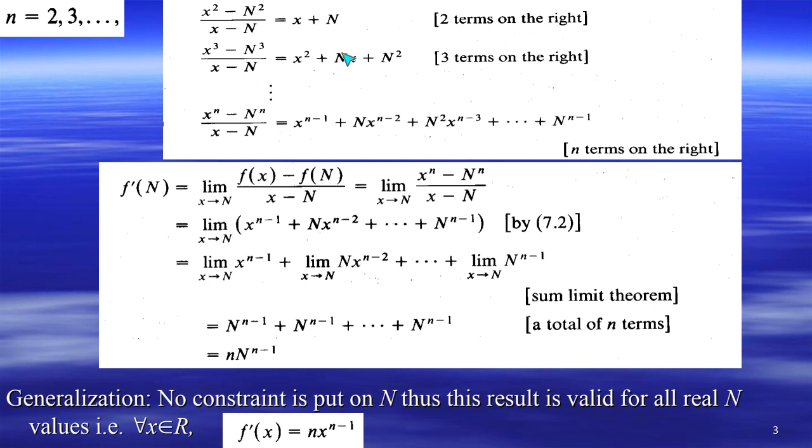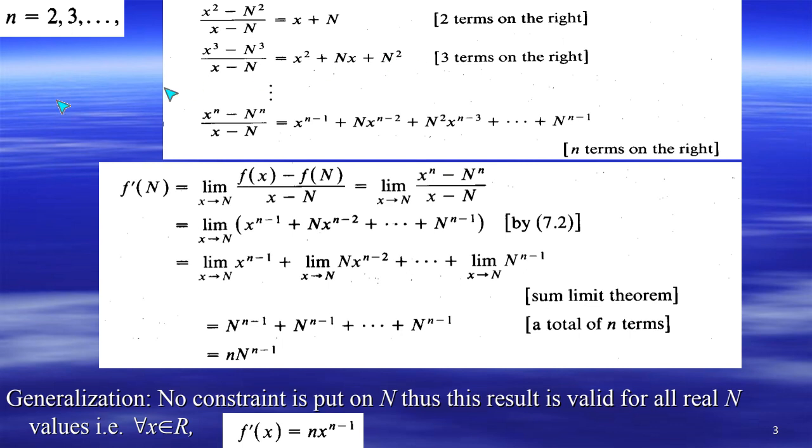And if you don't believe, it's very easy to check. If you multiply x by x square, you obtain x to the power 3. Then when you multiply minus n by x square, it is minus n times x square. And then when you multiply this x with this plus nx, you obtain plus nx square. Minus nx square and plus nx square, they cancel each other.